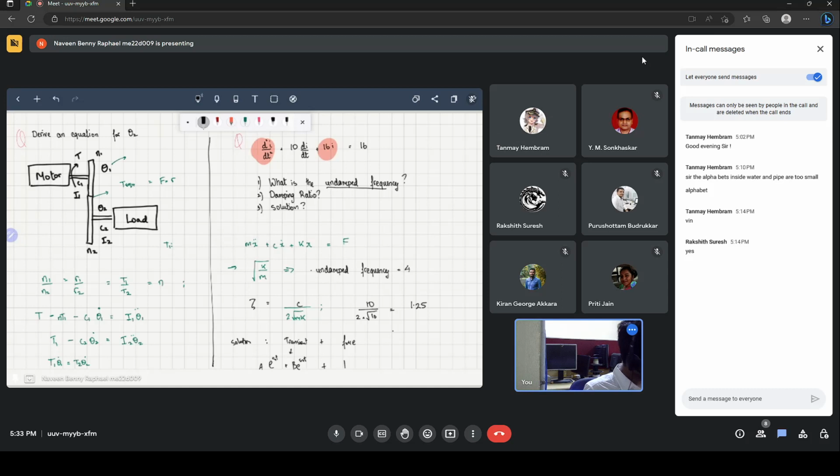So S1 and S2 depend on zeta. In the class notes we have S1 is equal to minus zeta omega n plus omega n into square root of zeta squared minus 1, and S2 is the same but with a minus sign here instead.